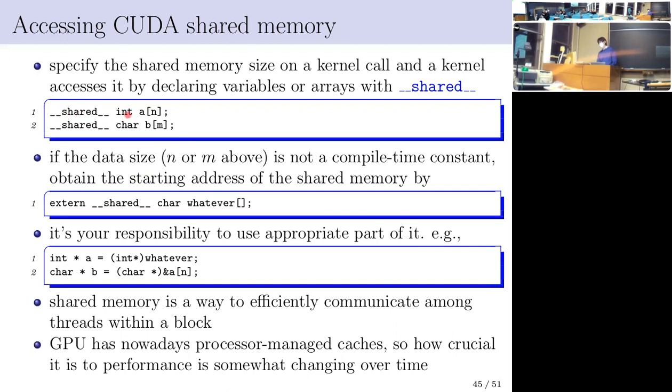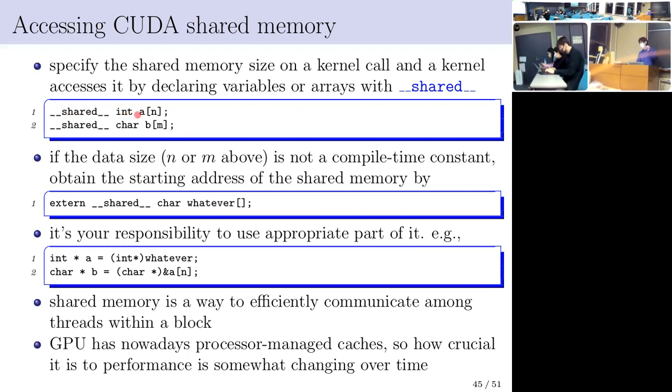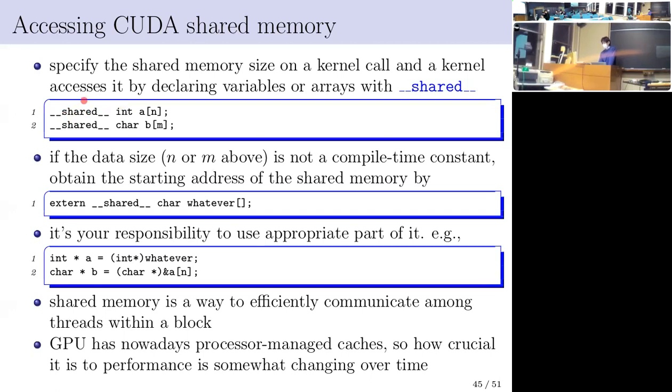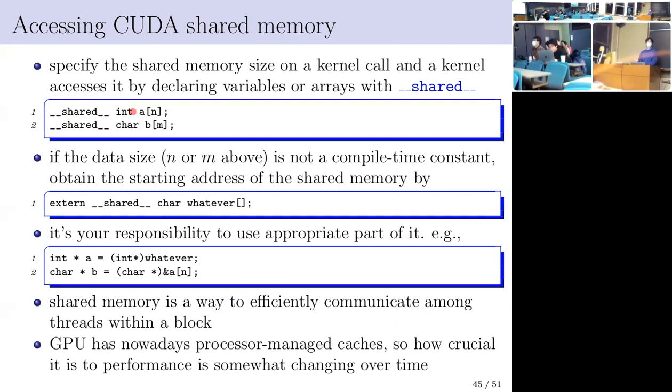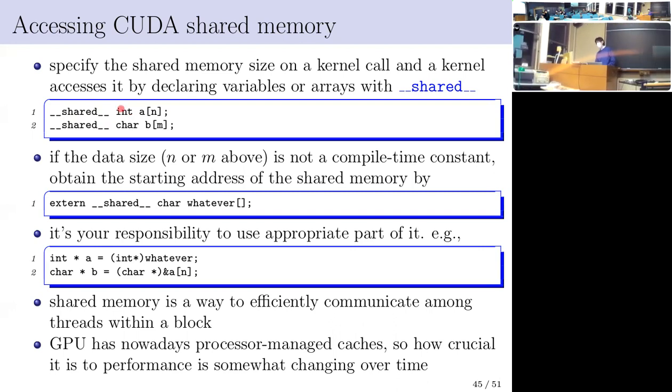Basically, you declare an array of arbitrary type, like int or char, and you put this shared keyword in front of the array. Then this array is allocated on shared memory. This is how you access shared memory from CUDA threads.